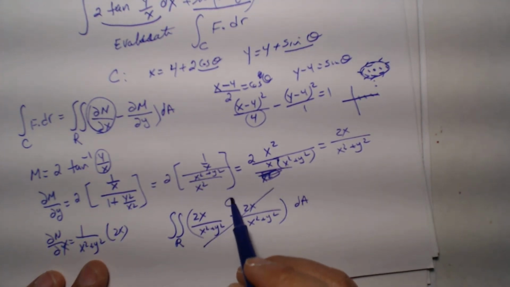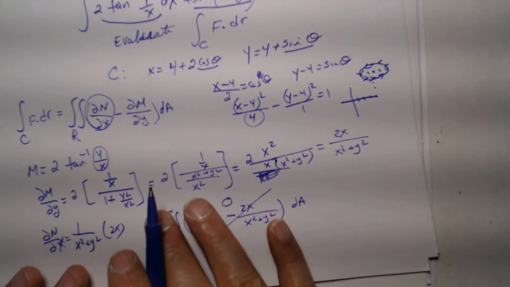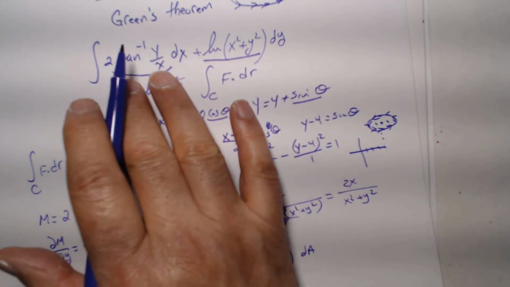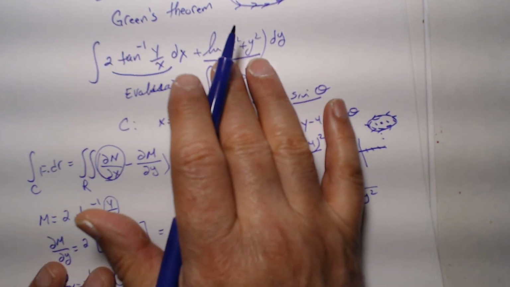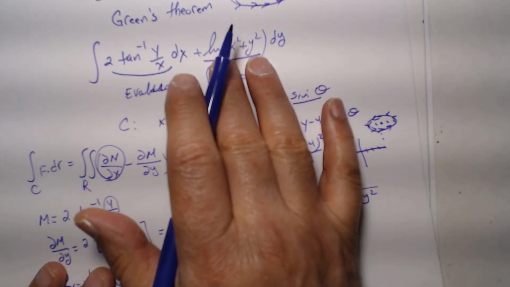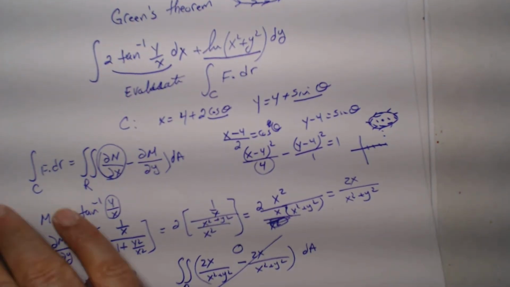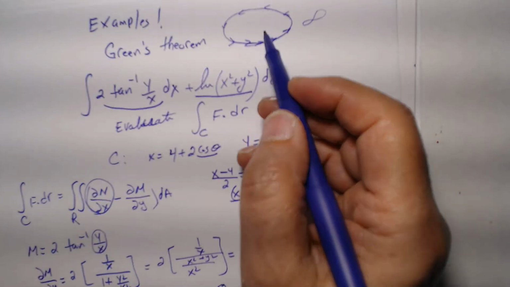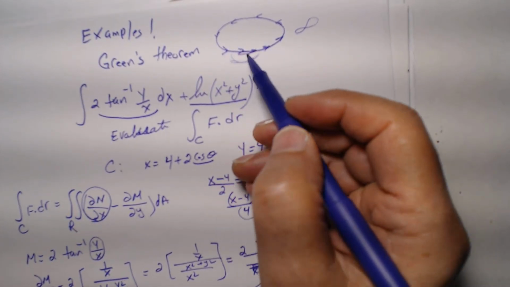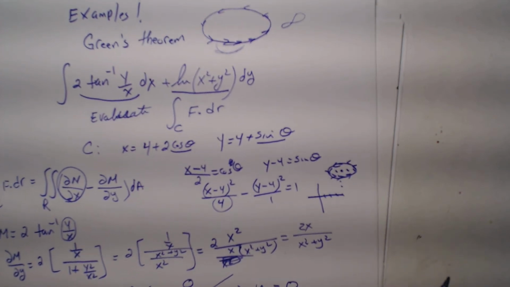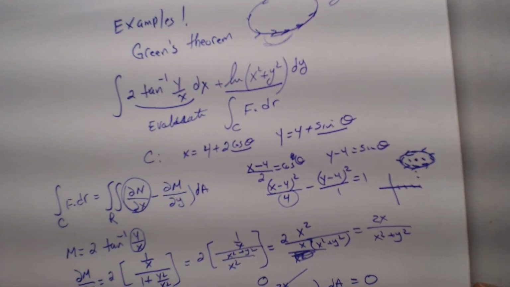That's 0. That means the vector field is conservative, and since it is conservative, you can find the potential function. Since it's conservative, the curl is 0. Therefore, the answer is 0. That was an easy problem. That was good.